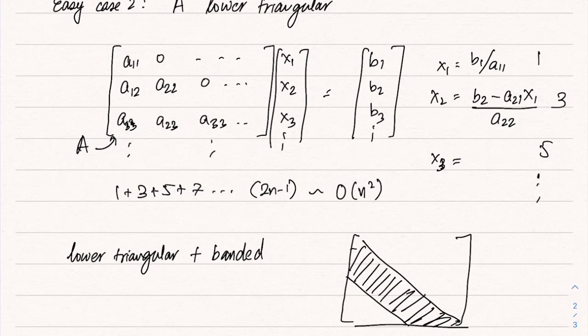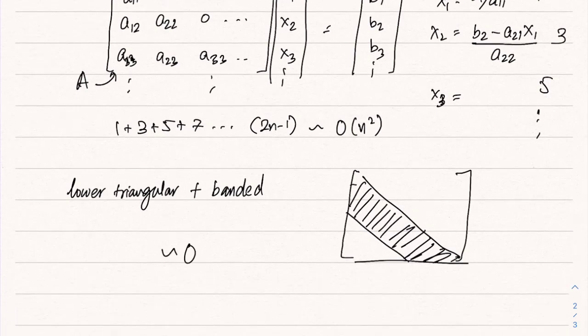And in that case, when you start back substituting, you won't have to go beyond a certain point. You will just go all the way to k. So this complexity becomes order kn if it is banded by a k amount. Okay, so if it is banded and lower triangular, then you can recognize it and calculate it in order kn.